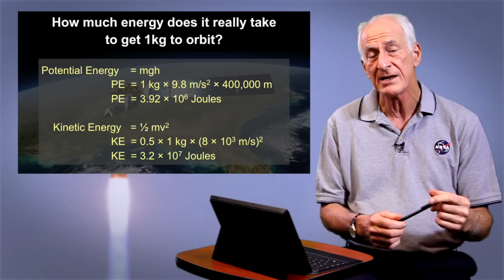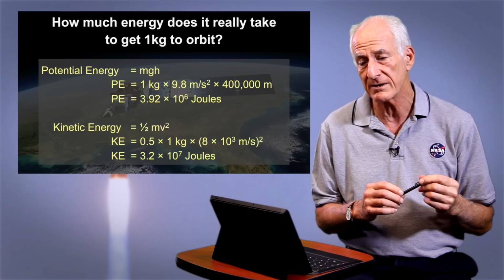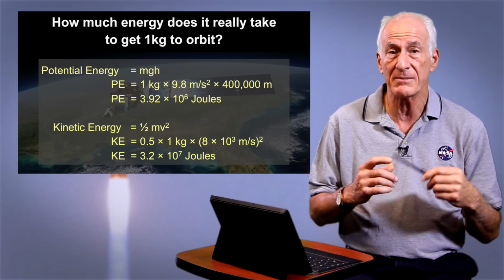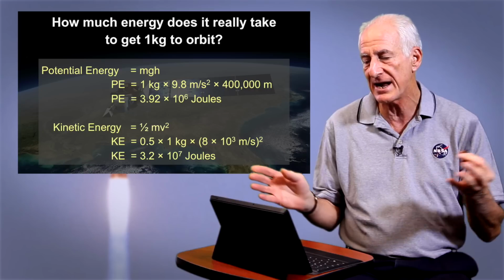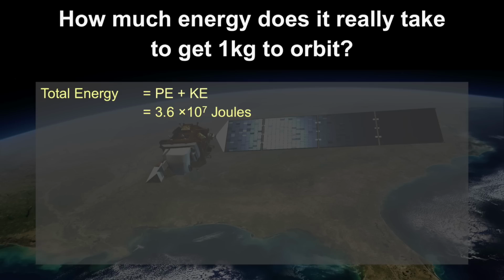So we can see in low Earth orbit, the kinetic energy dominates over the potential energy, but let's add them up together and we get 36 megajoules. Now we're going to convert the energy, because 1 joule per second equals a watt, so 1 joule equals 1 watt second, and 36 megajoules equals 3.6 times 10 to the 7th watt seconds.